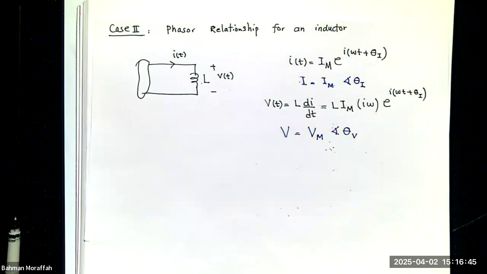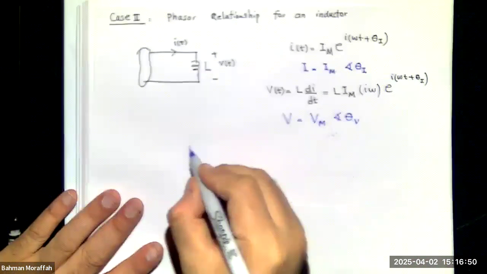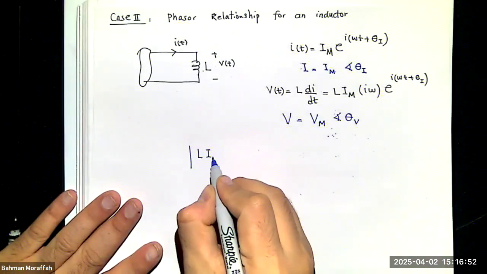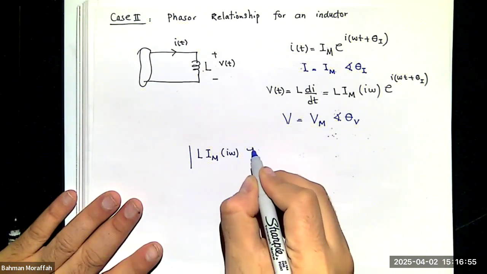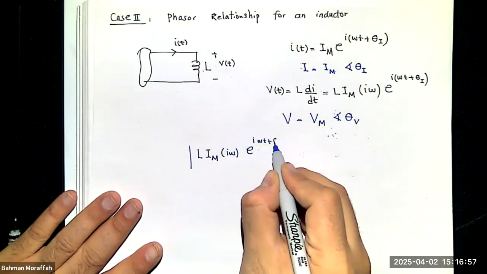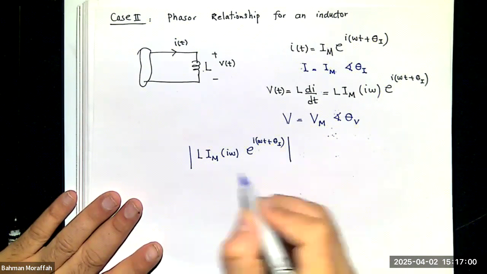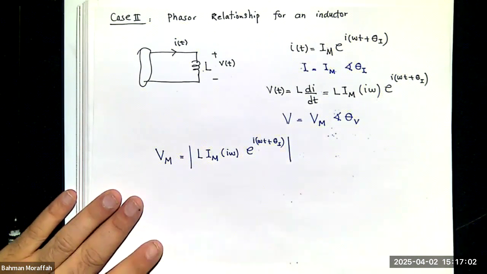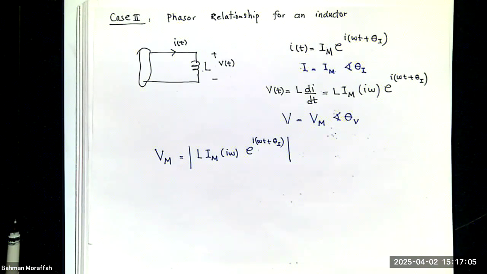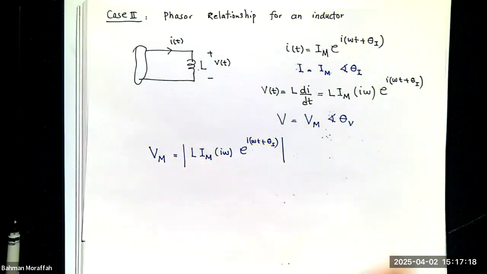What is the magnitude of L Im i omega e^(i(omega t plus theta I))? That is Vm. If I want to find the magnitude of a multiplication, it's the product of the magnitude of each of them. So what is the magnitude of L? As L is a real number, the magnitude of L is exactly L.